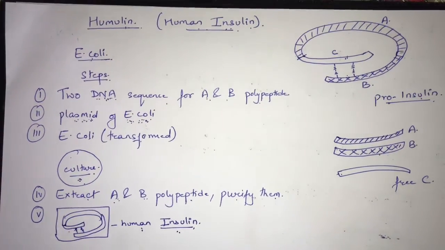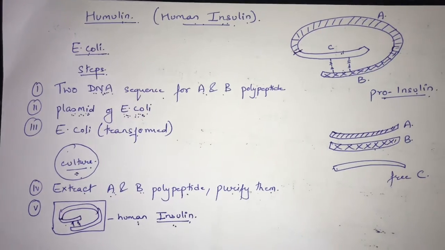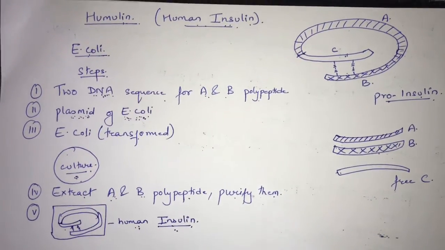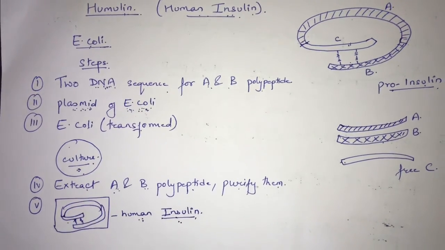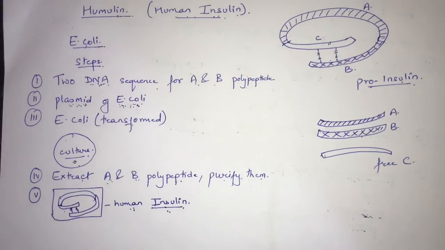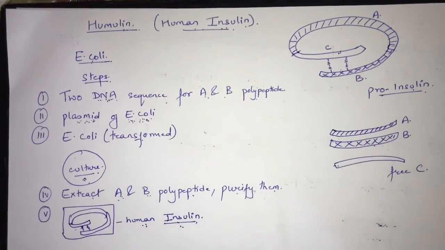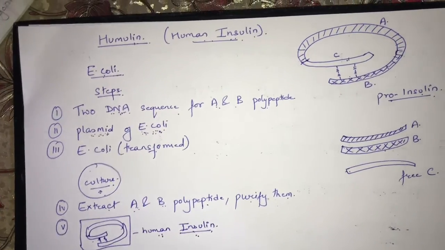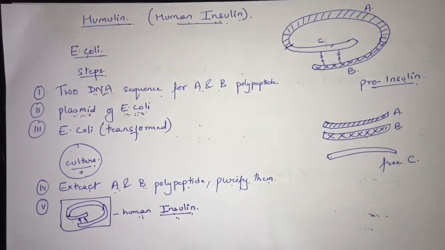Humulin can be produced on a large scale. Later on it can be used by patients who are suffering from diabetes or any other disease related to the pancreas, or related to insulin. So this is all about humulin.